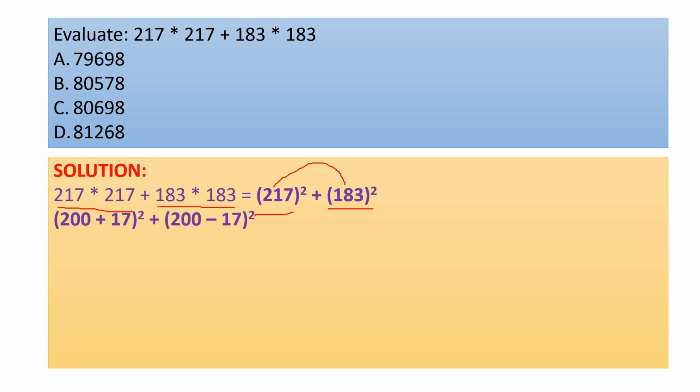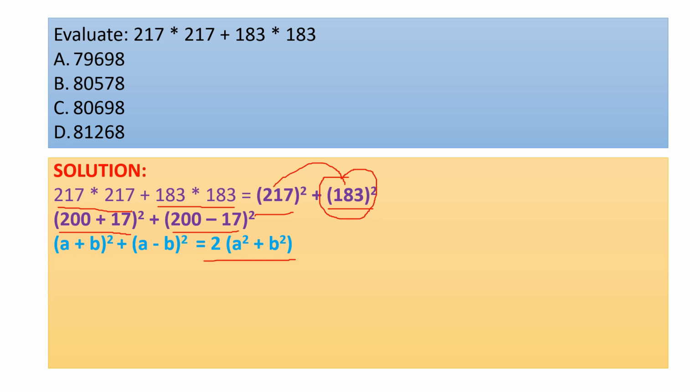So 217 can be rewritten as 200 plus 17, which is in the format of a plus b the whole square. And 183 can be rewritten as 200 minus 17, which is a minus b the whole square. So we know the formula of a plus b the whole square plus a minus b the whole square, which gives 2 into a square plus b square.